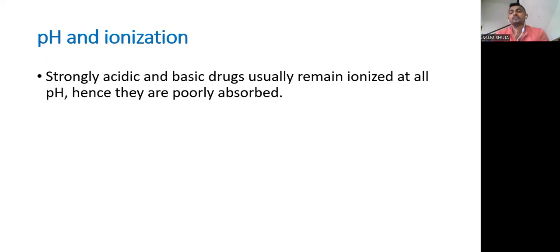That favors the lipid soluble drug. So strong acid, strong basic drugs remain ionized at all pH, so they are poorly absorbed. The better way to give them is IV or other means, not oral.